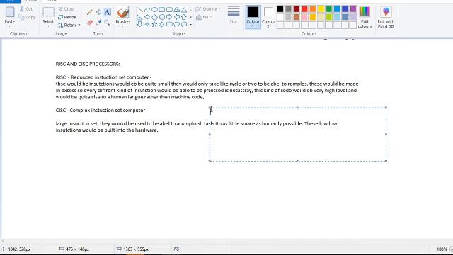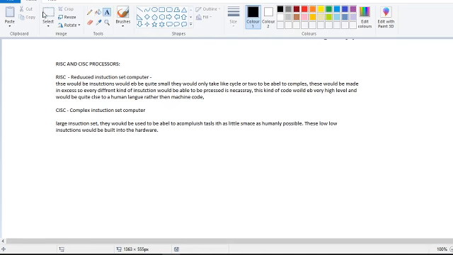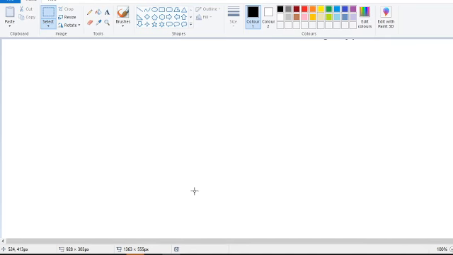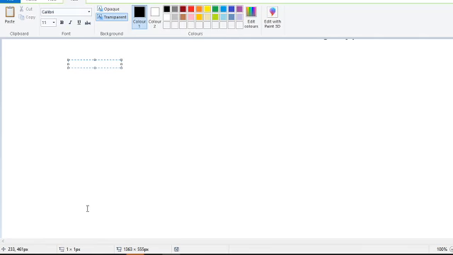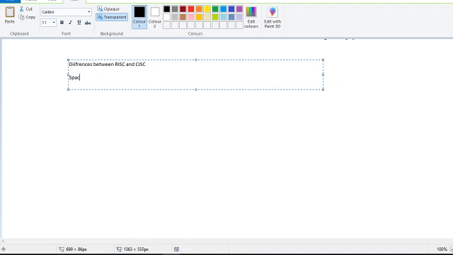So if we were to compare them, the differences between RISC and CISC would be that, first of all, space. The RISC would take up a lot more space than the CISC because obviously the code is shorter.